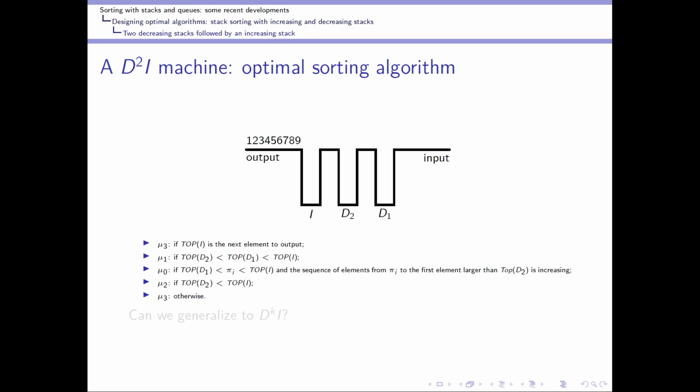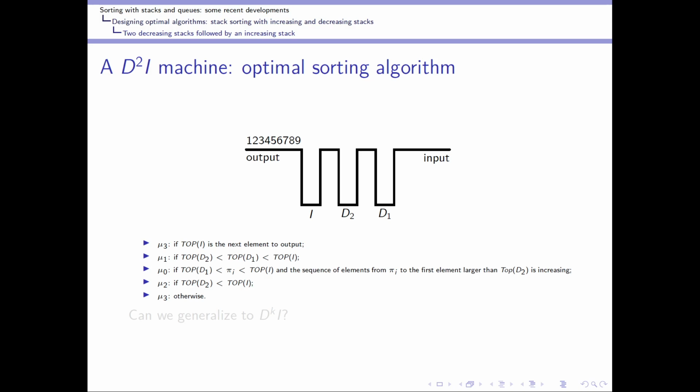So I think that this algorithm is rather interesting, first of all because it extends Rebecca's one for the DI machine, and also because it may help in tackling the general two stacks in series problem. For instance, it would be interesting to exploit this algorithm to enumerate permutations sortable with the DDI machine.